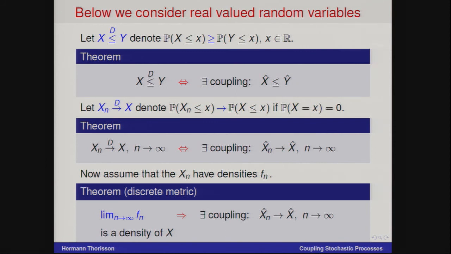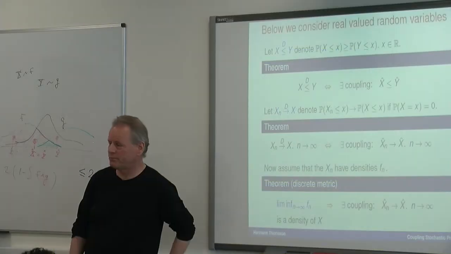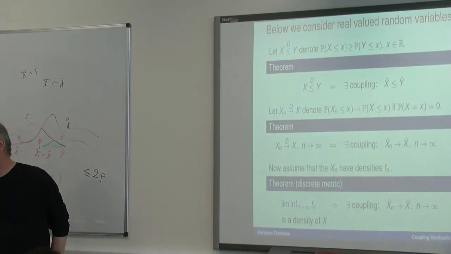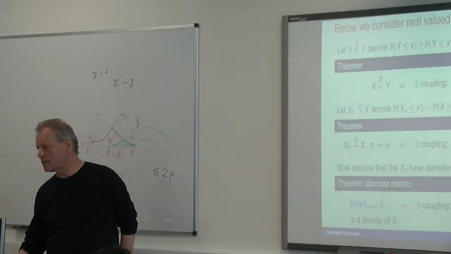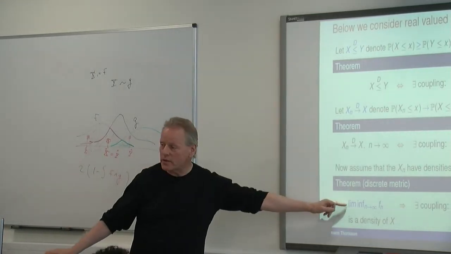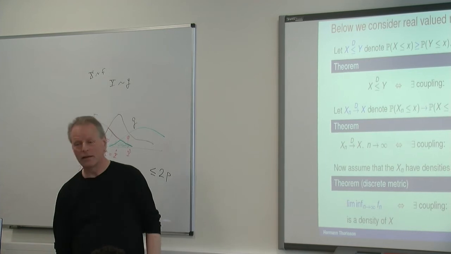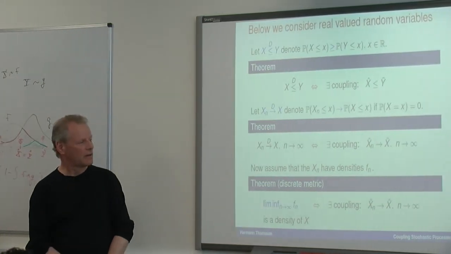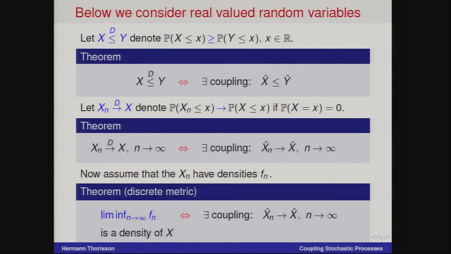We only used, well, you didn't see the proof, that the lim-inf is a density. And that's actually a much nicer condition, because lim-inf always exists. And if we have this weaker condition there, then equivalence. Convergence in discrete metric is equivalent to lim-inf being a density.